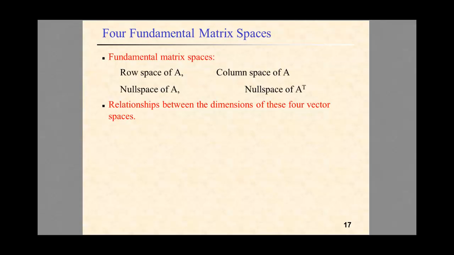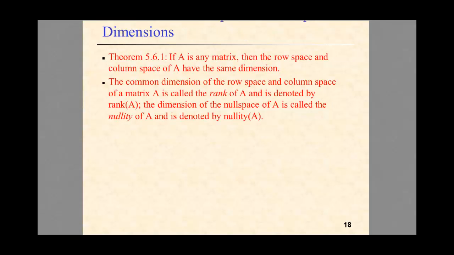Here in the fundamental matrix spaces we have several things: the row space of A, the column space of A, the null space of A, and the null space of A transpose. There are several theorems. The theorem says that if A is any matrix, then the row space and the column space have the same dimension.